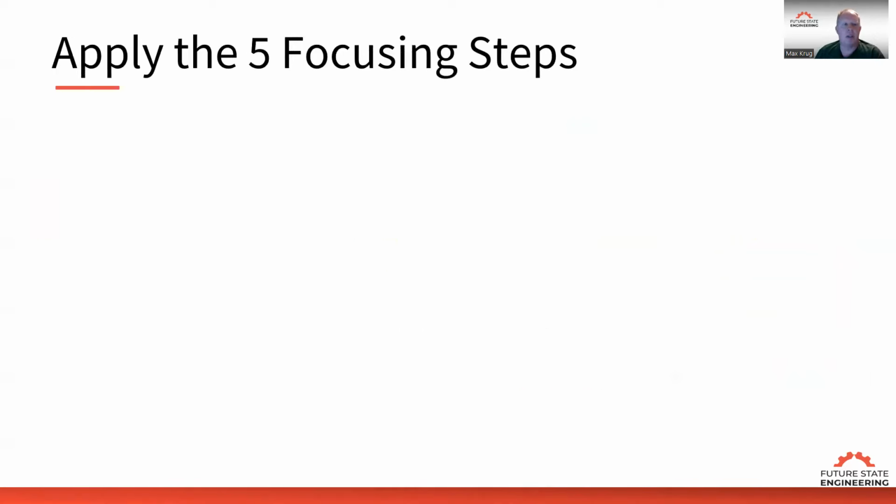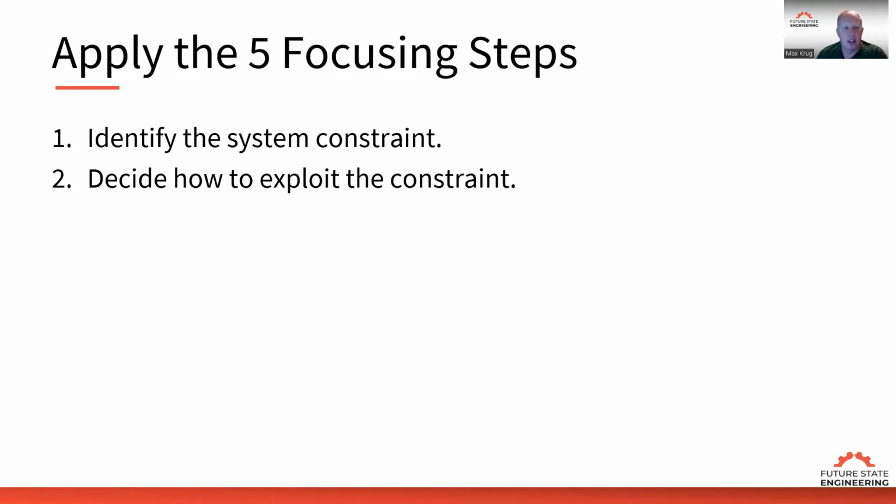So let's talk about the 5 focusing steps. The 5 focusing steps are: 1, identify the system constraint. If we have an internal constraint, we know it's going to be a resource in the value stream. We identify that resource. Then we need to understand how to exploit that constraint. So how can we get more out of that resource's time?